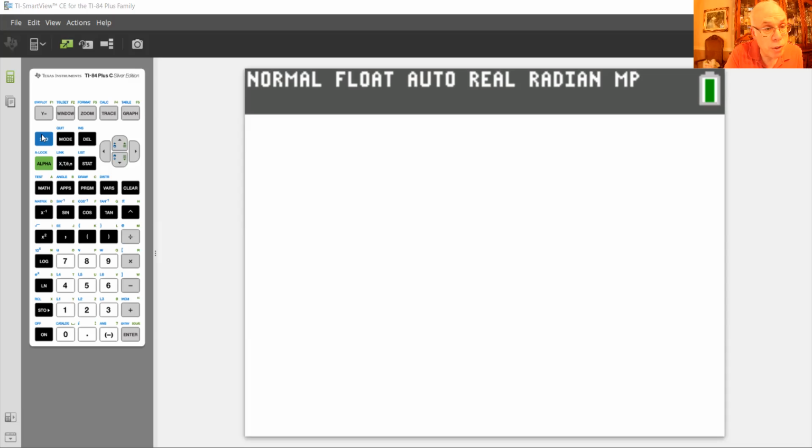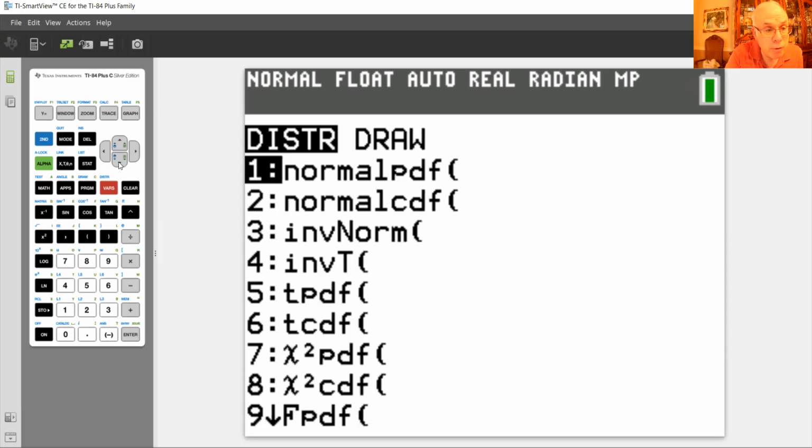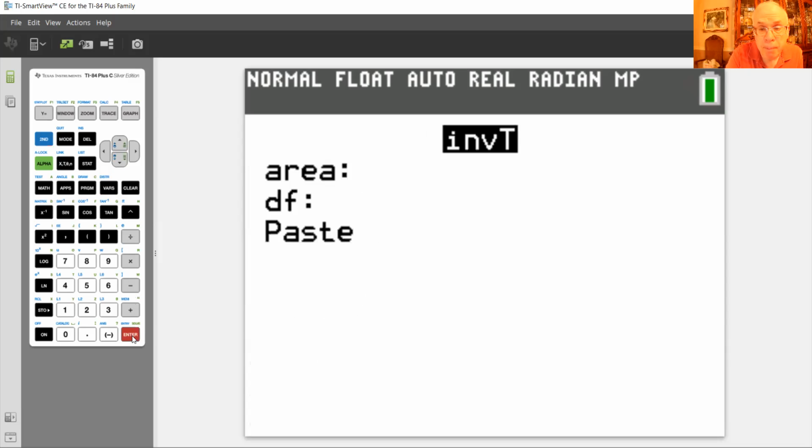All right, so let's hit second, go back to our distributions. And again, for those with the 84 calculators, you'll have inverse t. You hit enter. It's going to ask for the area to the left. This is no different than inverse normal. So let's say we wanted to find that right endpoint. We have 95% in the middle.